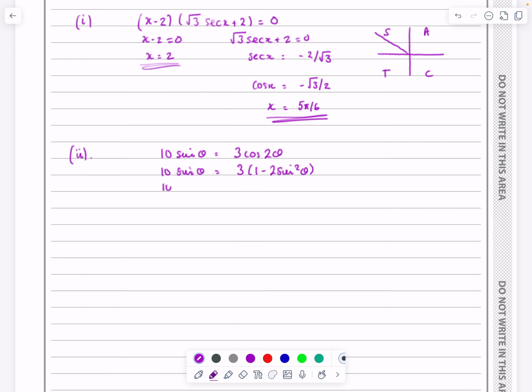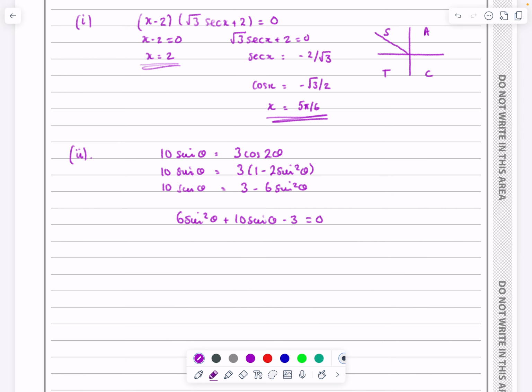Multiply it out, I'm going to get 10 sine theta is going to be 3 minus 6 sine squared theta here. So turn that into a quadratic. Quadratic is going to be 6 sine squared theta plus 10 sine theta minus 3 equals 0. That's just if I rearrange it and put it equals 0 for quadratics.